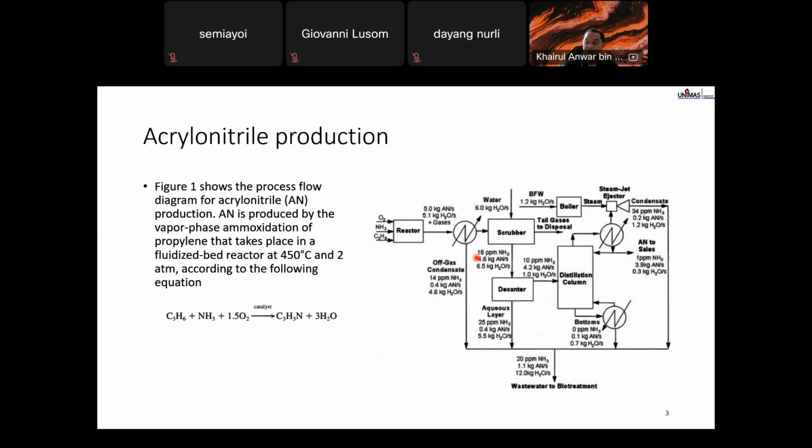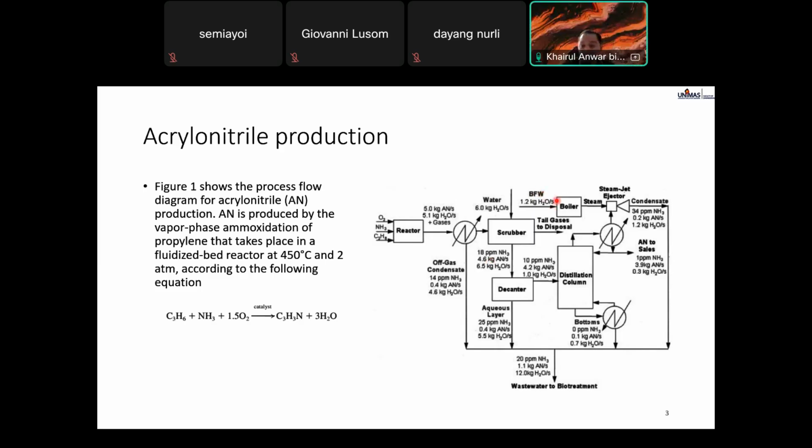So we have this exchange that goes to the scrubber, then goes to the distillation column. FW is boiler feed water.